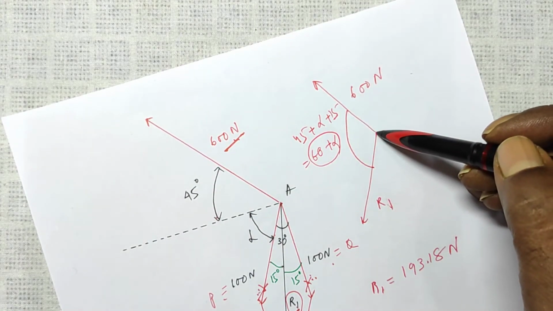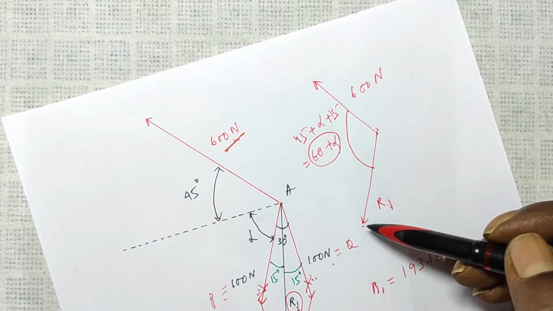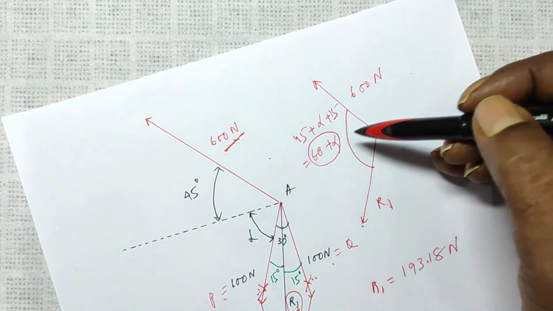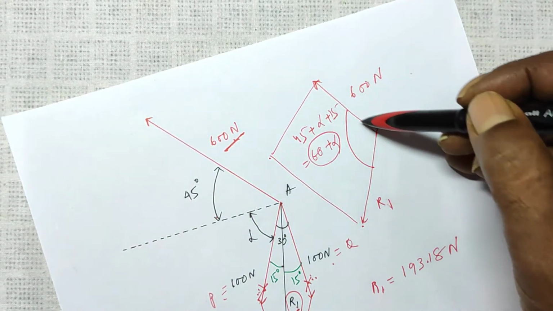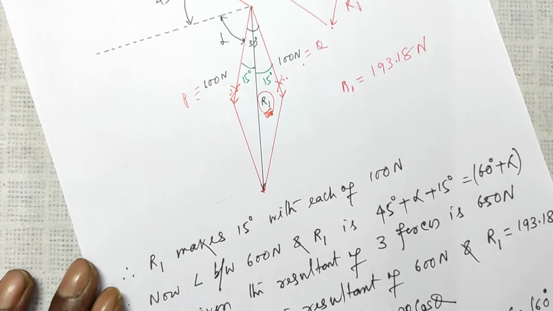Now considering this 600 Newton and this R1 as the two adjacent sides of a parallelogram, you can find the final resultant, that is this one. So that is what I am doing.